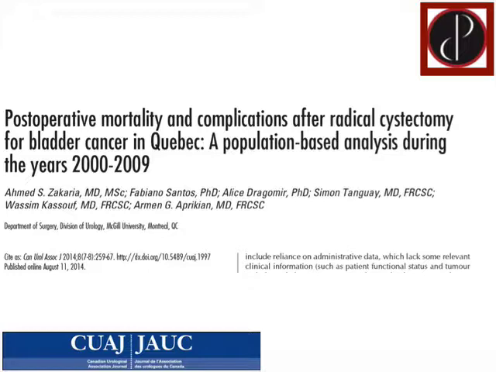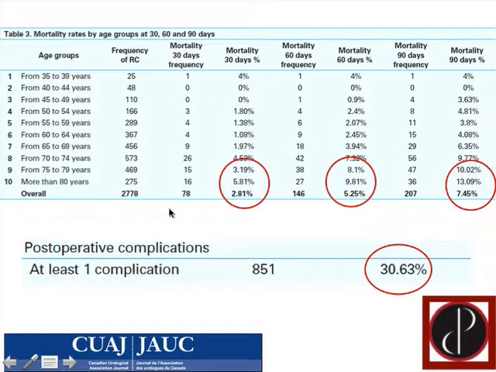To confirm this, a very good study by the Quebec group looked at their cystectomy results retrospectively between 2000 and 2009. Interestingly, the complication rate overall was 2.8%. If you consider mortality at 30 days, it increased to 7% at 90 days.